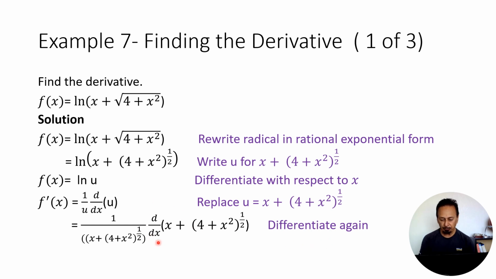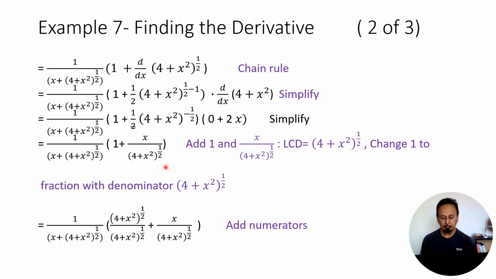Now we're going to only differentiate this part. So we copy down 1 over x plus 4 plus x squared to the 1/2. The derivative of x is 1, and write down the derivative d over dx of 4 plus x squared to the 1/2. And this is a composite function. We have to apply the chain rule.